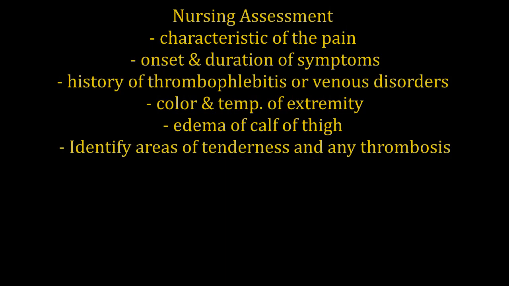With the presence of the clinical manifestations, it is important for the nurse to assess the characteristic of the pain, the onset and duration of symptoms, the history of thrombophlebitis or venous disorders, color and temperature of the extremity, and the edema of calf and thigh by using a tape measure to measure both legs for comparison, and lastly, to identify areas of tenderness and any thrombosis.